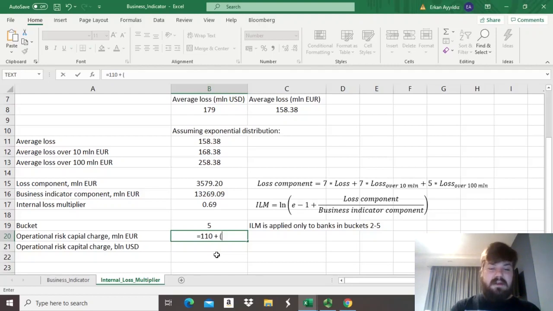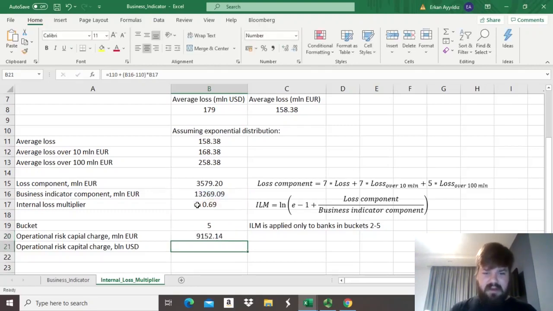Then we need to add the business indicator component minus 110 to ensure this smoothness, to ensure that the function is monotonous and without any wild swings. And we need to multiply that by the internal loss multiplier. And that's all there is for calculations of the operational risk capital charge.